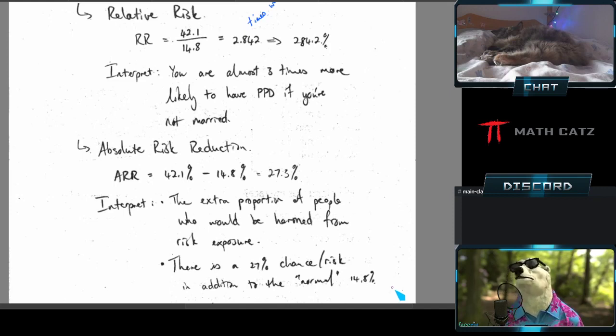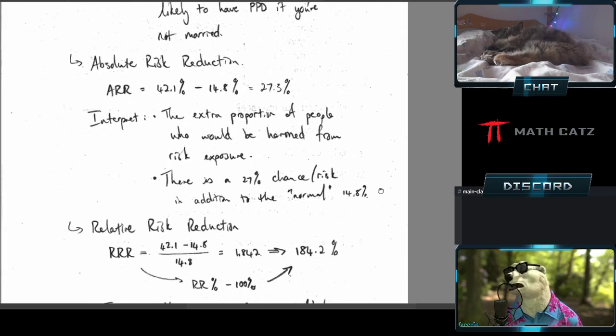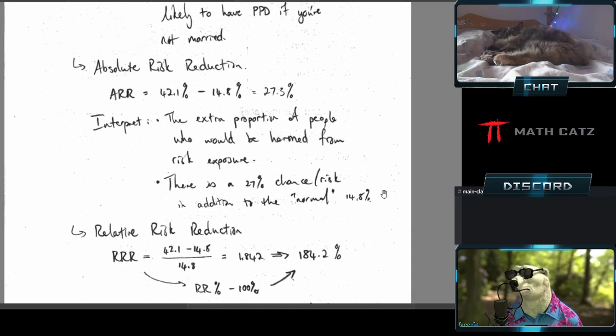We can then go a little further and do what we call relative risk reduction, where we'll take that difference, but of course, a 27% difference only really makes sense if I place it in the context of the original percentages, and we'll use the smallest one because it'll make the number easier to interpret.